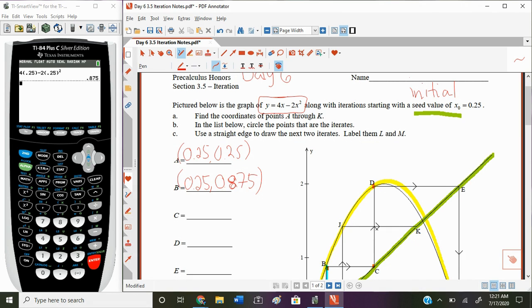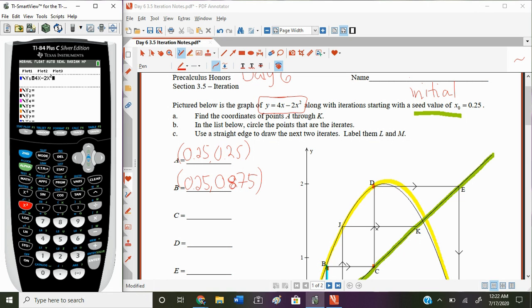That's one way, but let's do it by graphing. We go to y equals and type in 4x minus 2x squared.